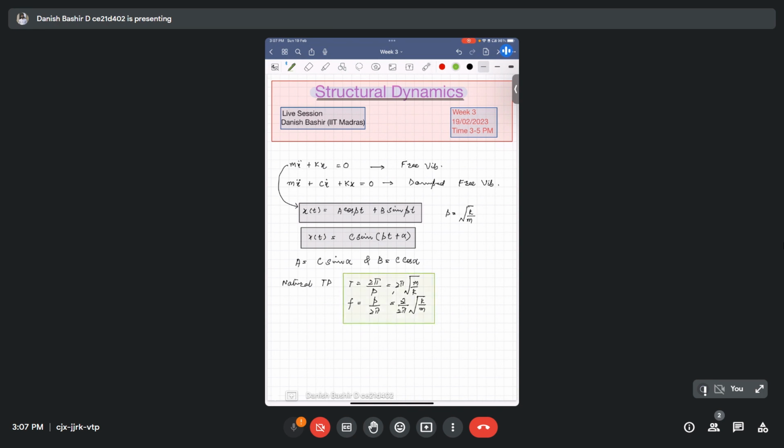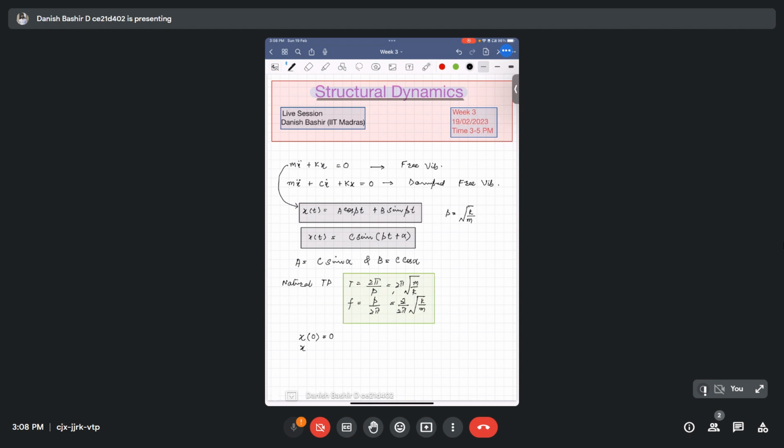Okay, so we saw the variation also, of these two constants a and b after putting the initial conditions.